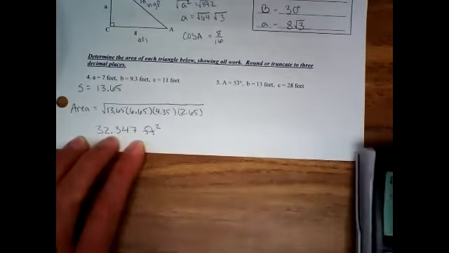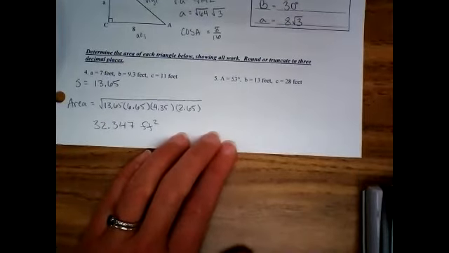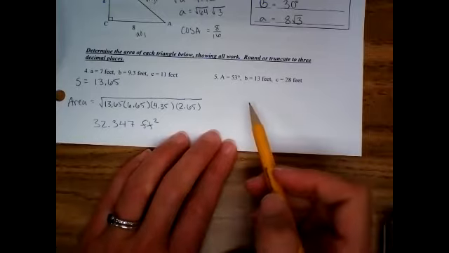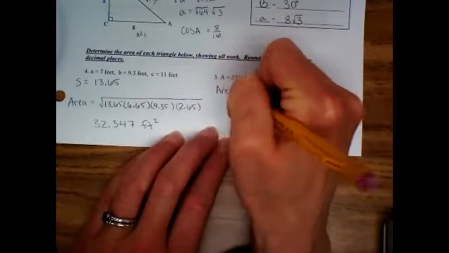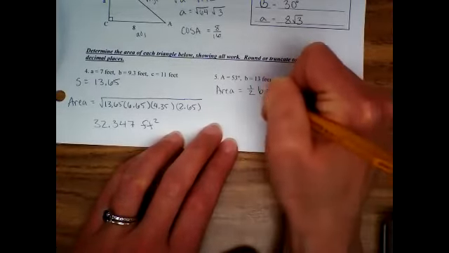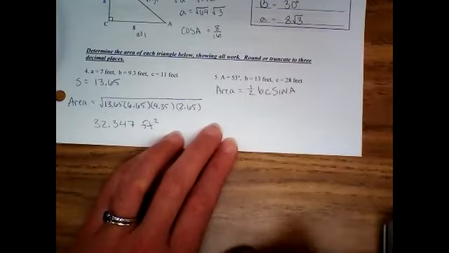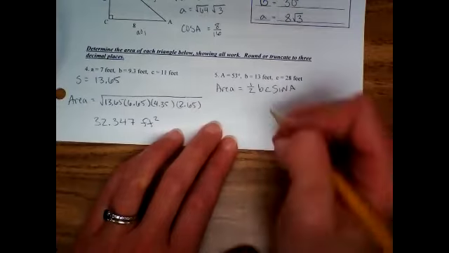All right, this one, we're going to use the other formula since we have one of the angles. The thing is, you would need, or no, we have everything we need. I'm sorry, I was thinking we would need to solve for something that we're missing, but we're going to use this version of the formula, 1/2 BC sine of A. If you were missing something, you would have to do law of sines to figure out what you're missing, but I gave you everything for this one.